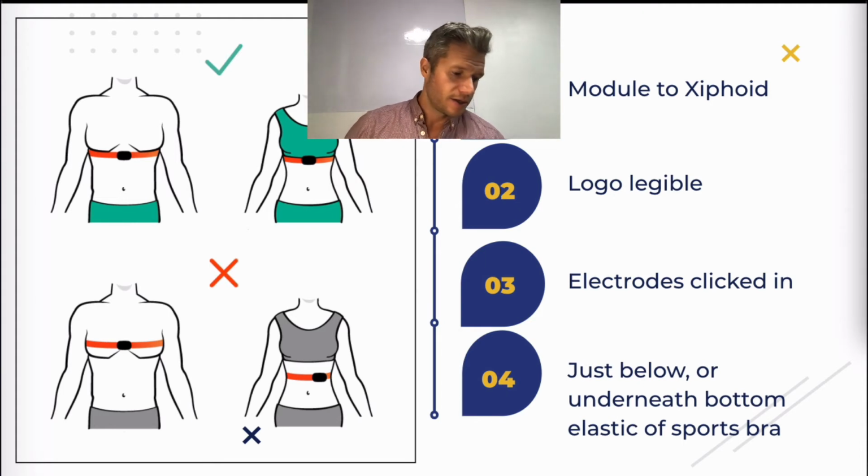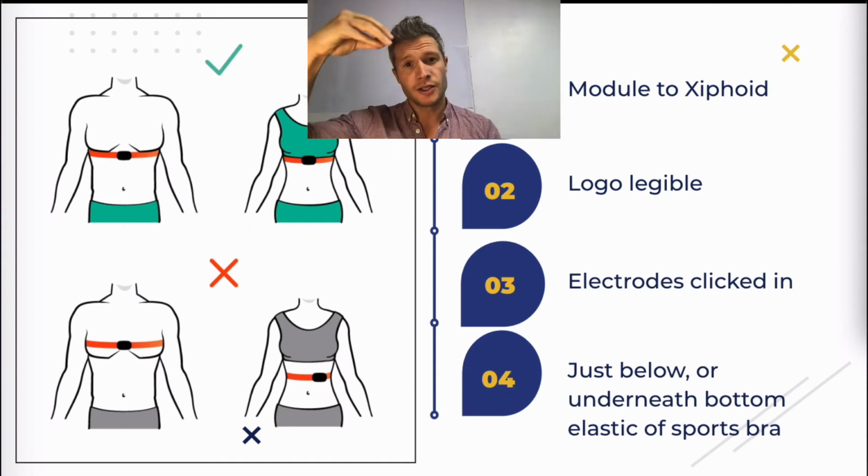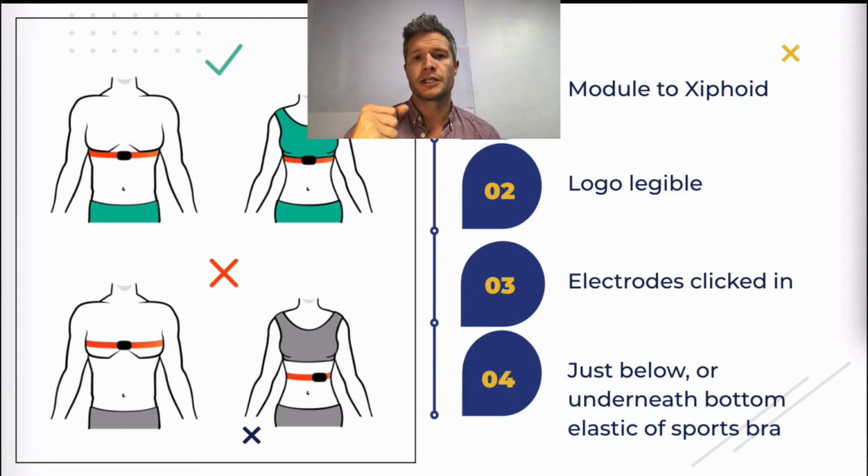The reason all of this helps, setting it up correctly and putting some water on the back of it, is that the module and the electrodes pick up every time your heart contracts. Every time your heart contracts, it uses an electrical signal running down a nerve bundle and nerves in your heart to tell it when to contract.